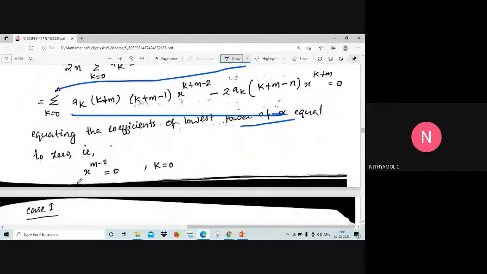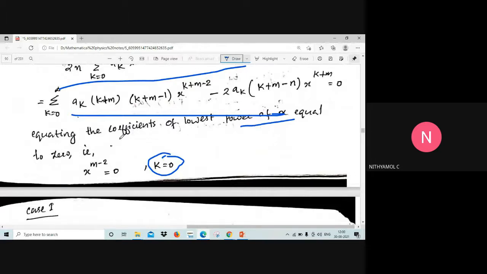What will we get when we put k is equal to 0? In the previous class, instead of using k, I used lambda, and I put lambda is equal to 0. Here, instead of lambda, I use k. You can use k or lambda. I put k is equal to 0, then we will get the lowest power of x.